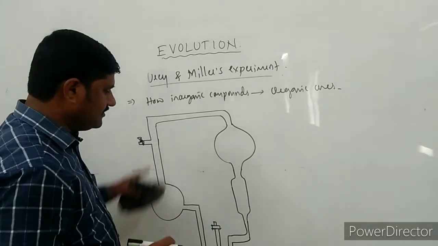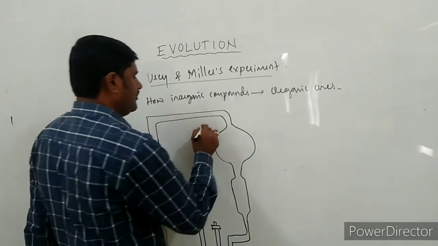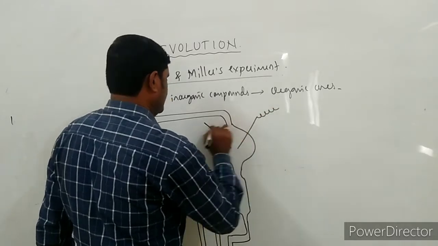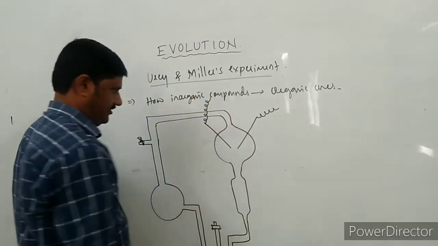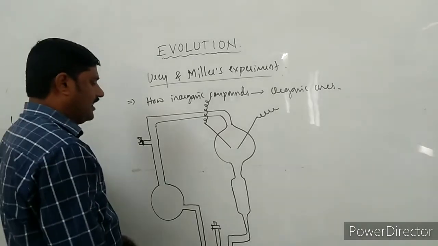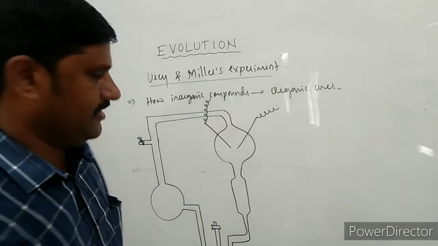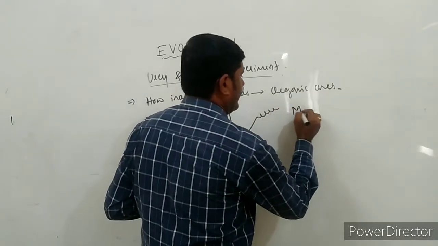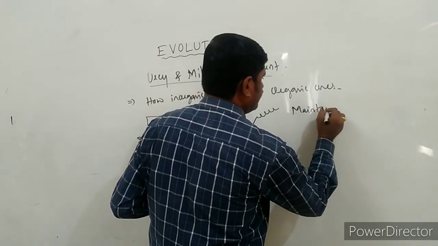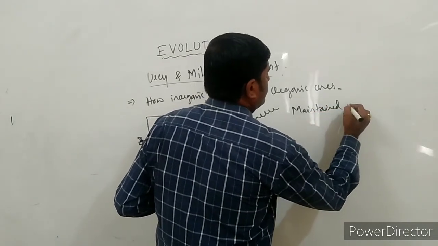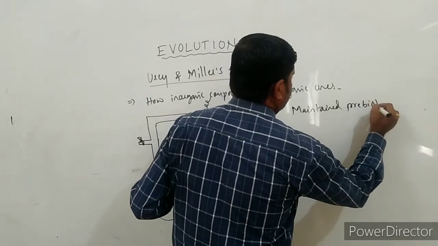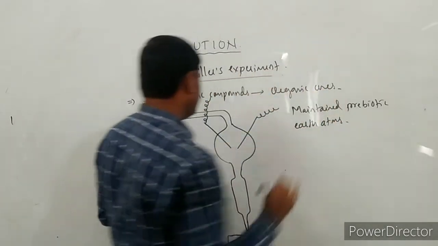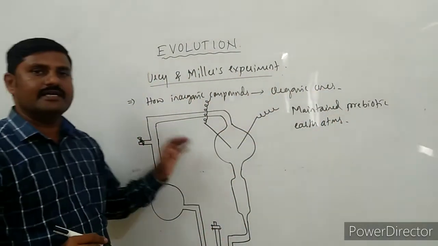So this is Miller's apparatus, in which he introduced two electrodes which are connected to different terminals of a battery, right? And in his apparatus he maintained the prebiotic Earth atmosphere.